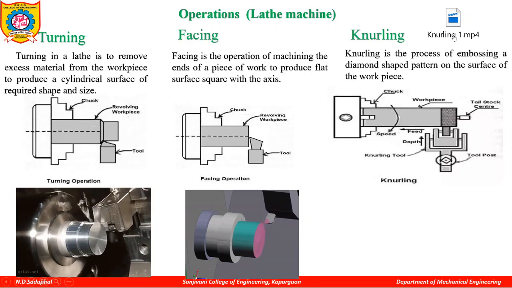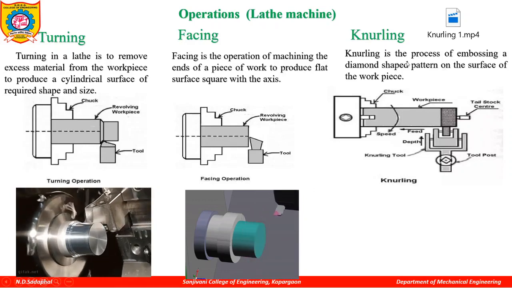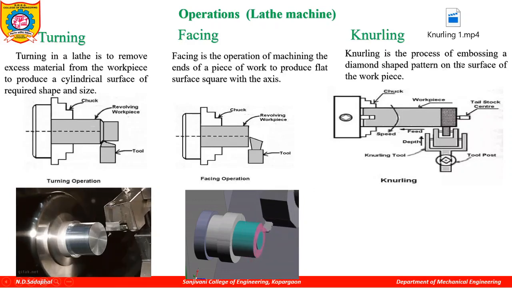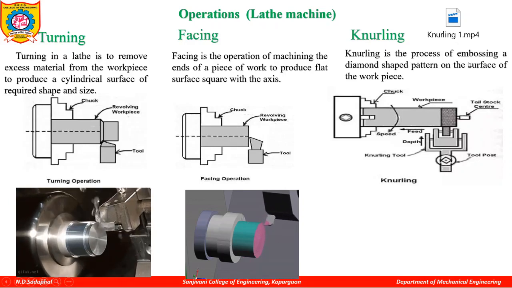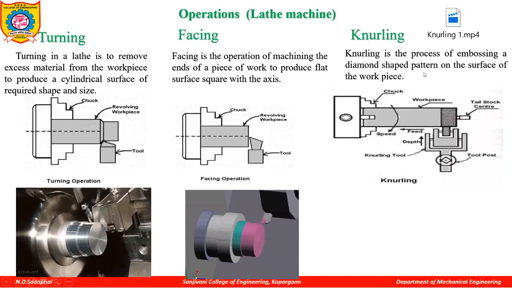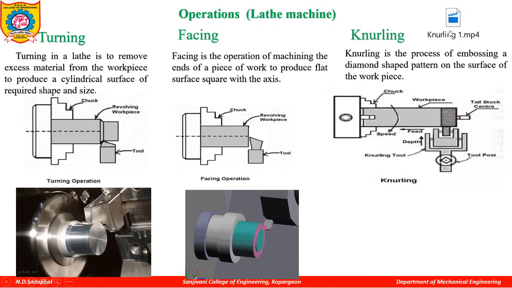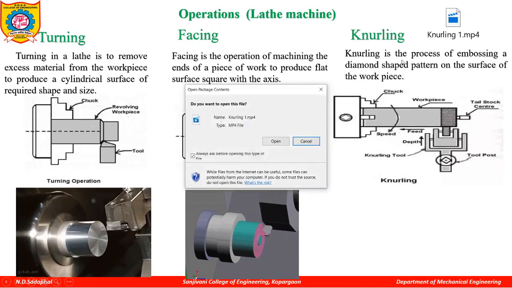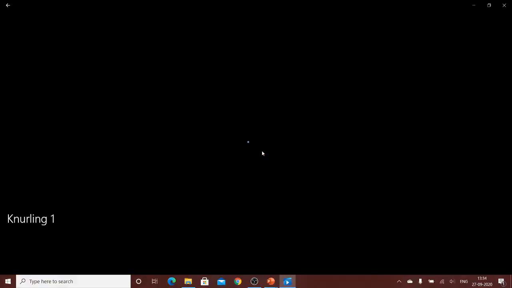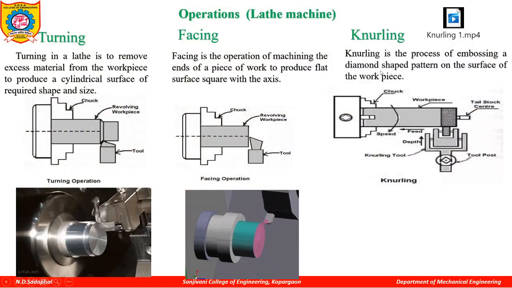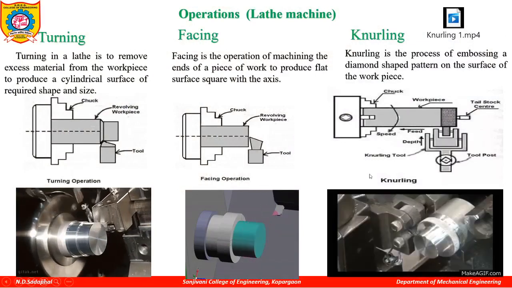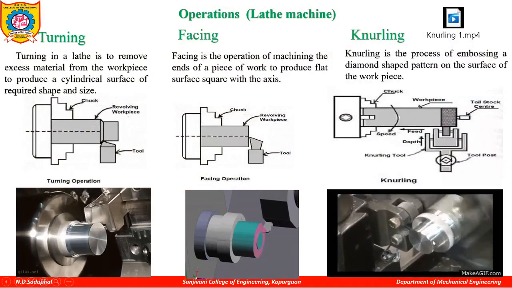Next is knurling operation. What is knurling operation? Knurling is the process of producing an embossed surface or diamond shaped pattern on the workpiece. Now from this video we can see, you can see here, this is a workpiece, this is a knurling tool, embossed surface is produced on the workpiece, producing an embossed shape or diamond shaped pattern on the workpiece for easy gripping.